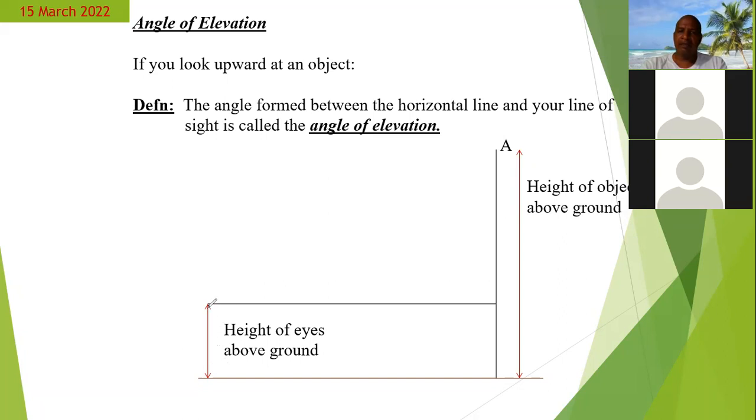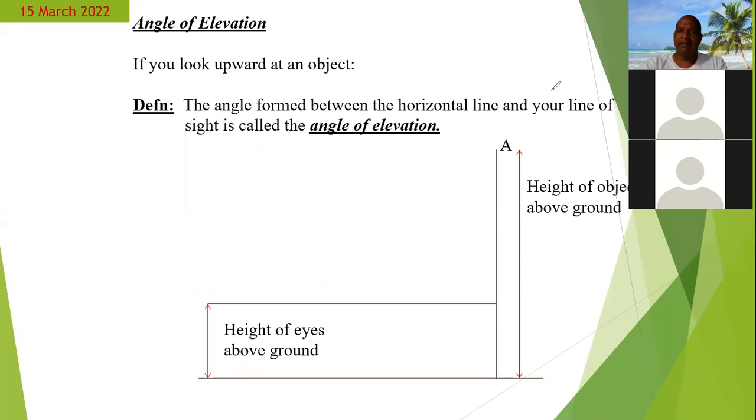So we are thinking of that line as the height of a person. And let's say that the top of that line is the person's eye. All right, so the horizontal line also comes from the eye level right across from left to right.